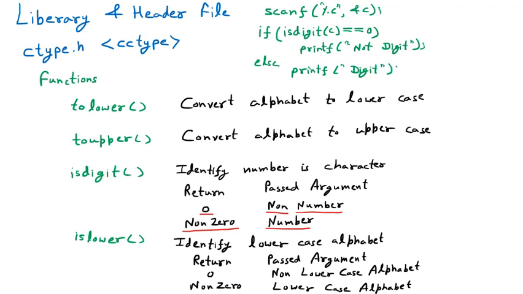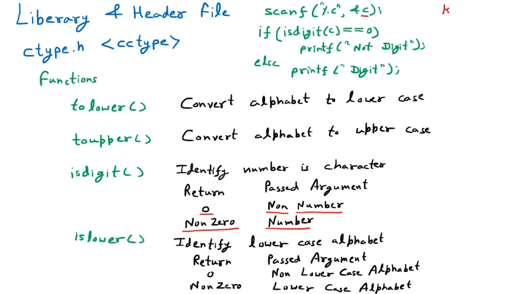If I am going to run this program, let us suppose that the value of c asked by the program is passed as k. Now k is passed, so inside c we are having k.